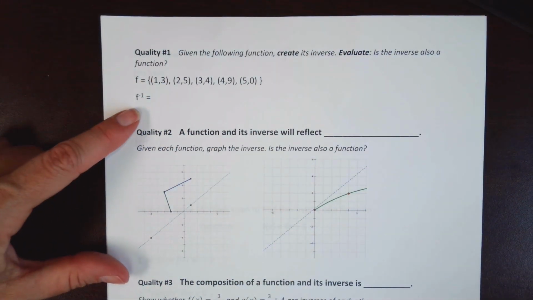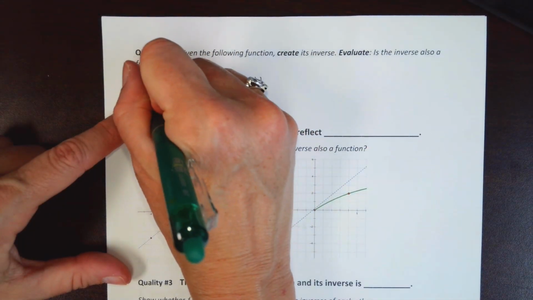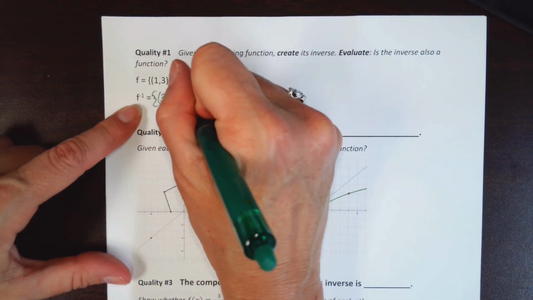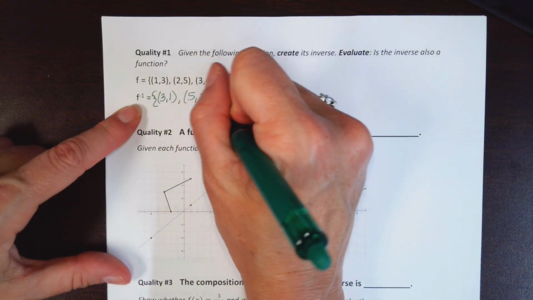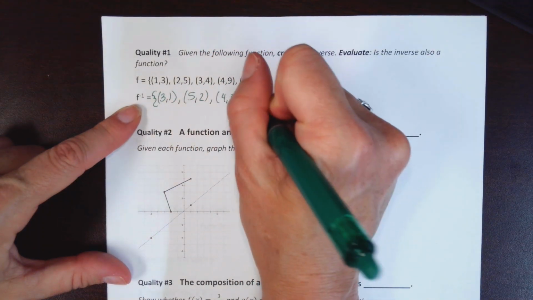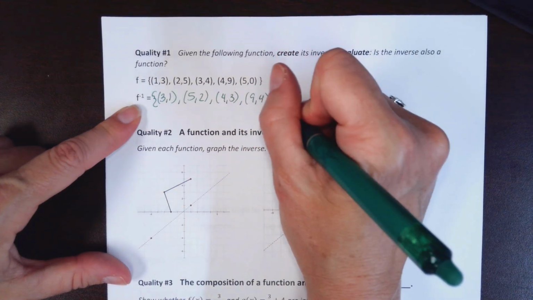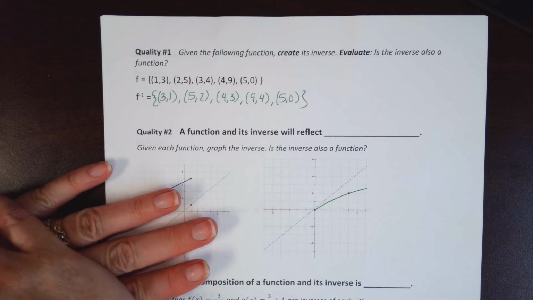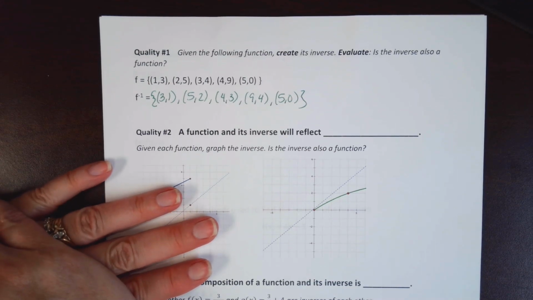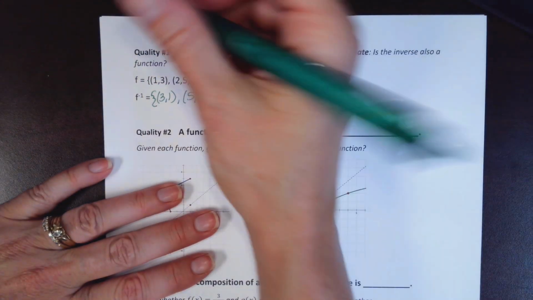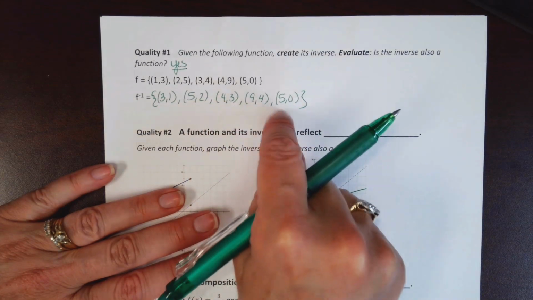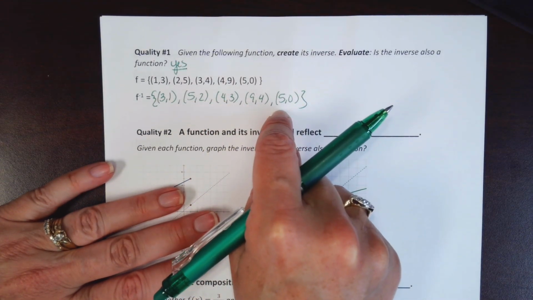F inverse means that for each of these ordered pairs, the x and the y switches places. Is the inverse also a function? Well, the answer comes out to be yes, because my domain here, 3, 5, 4, 9, 5, each of those x values is different.